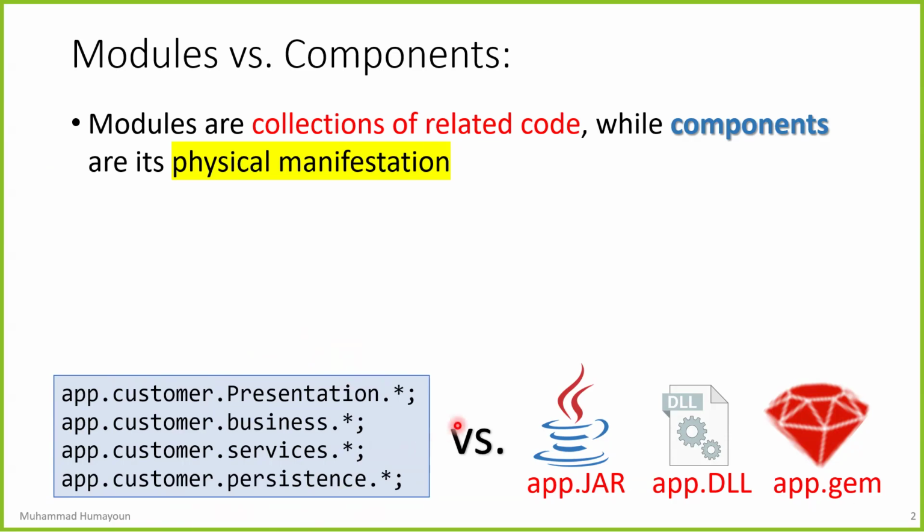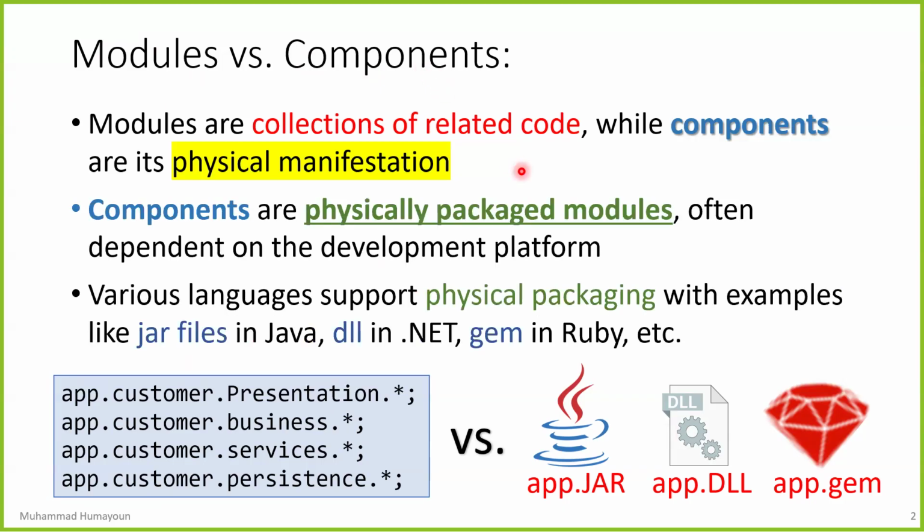Whereas when you combine it as a package or jar file or DLL file, or gem file in case of Ruby, jar file in case of Java or Kotlin, or C sharp code in form of DLL file, then you will call it a component. So the difference is really just the way you look at it. You can use them synonymously, but modules really refer to the code that you have, and components are its physical manifestation. Okay, so I just explained all that here.